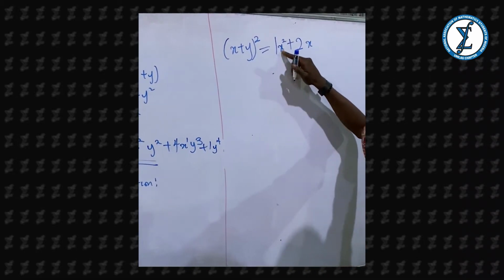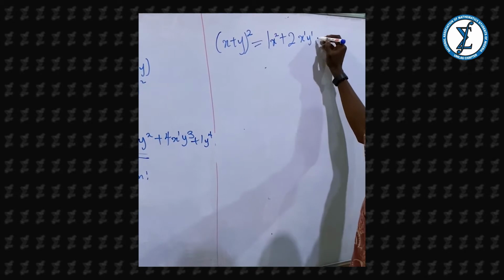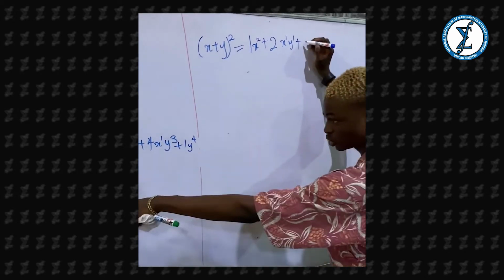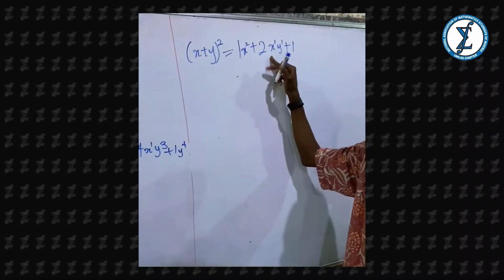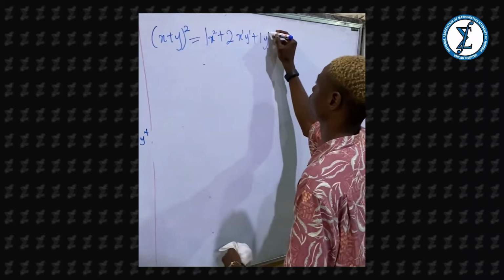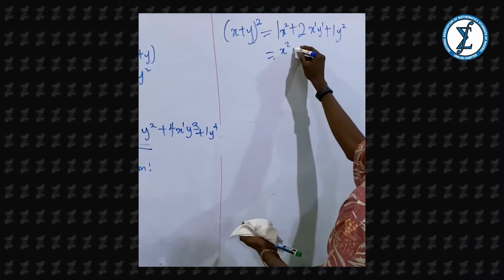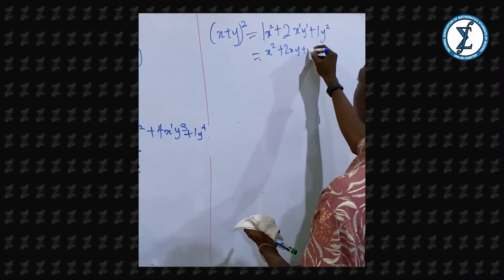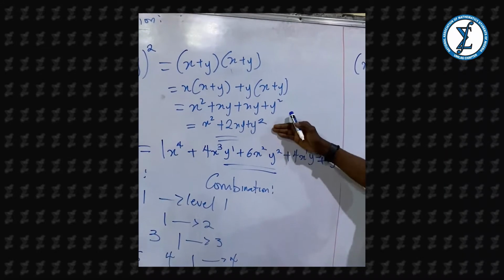As we proceed, you reduce the power of x by 1, that's 1, and increase the power of y by 1, plus the last number, which is 1. Here, if you reduce x by 1, you have 0, so x leaves, and you have y raised to the power of 2. So just like that, we've gotten x squared plus 2xy plus y squared, which was the same thing we got in 4 lines earlier.